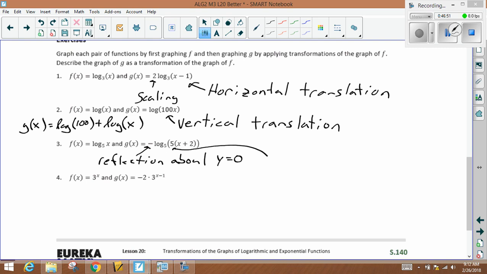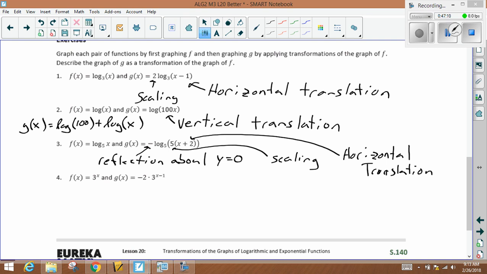Here we have some scaling. And that is a horizontal translation. And what that is actually going to be a horizontal translation. So here we have our reflection.